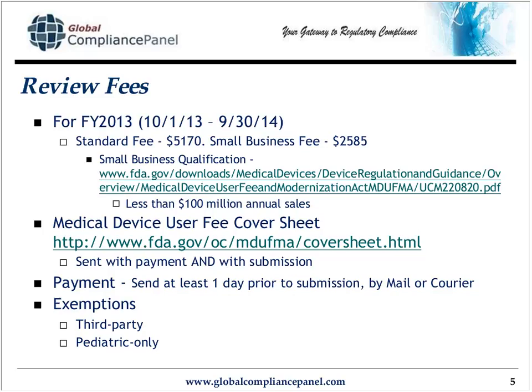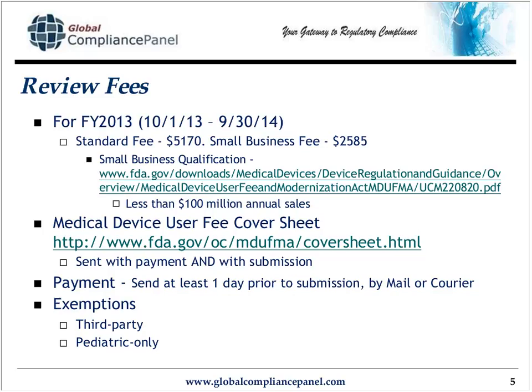I recommend that you send the payment a full day prior to submission. In the government, sometimes one hand doesn't know what the other is doing. If you send it one day ahead, chances are it gets received and logged into their system, so that when your 510K is received and they want to make sure you've paid for it, they can identify that within their system.